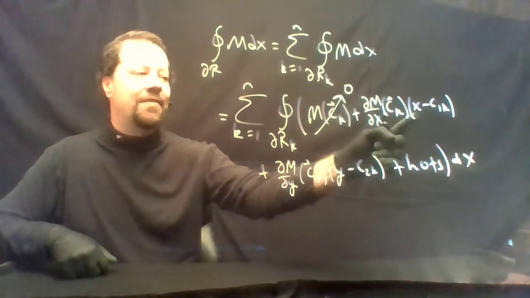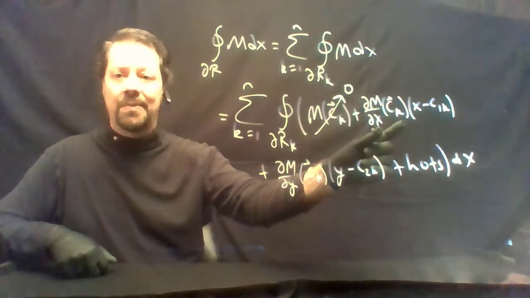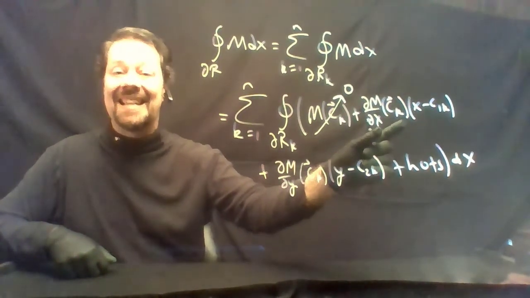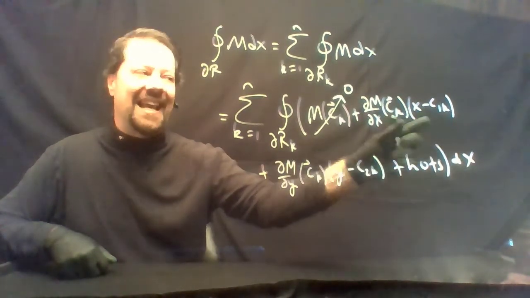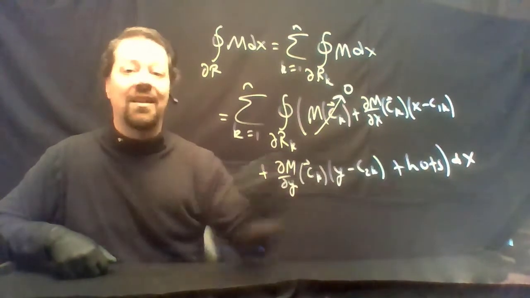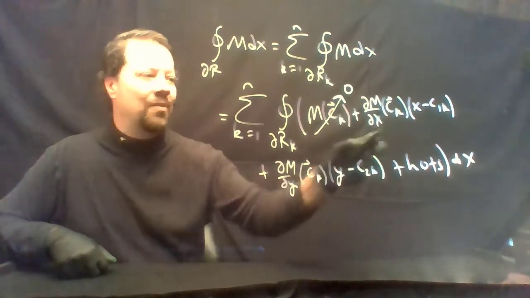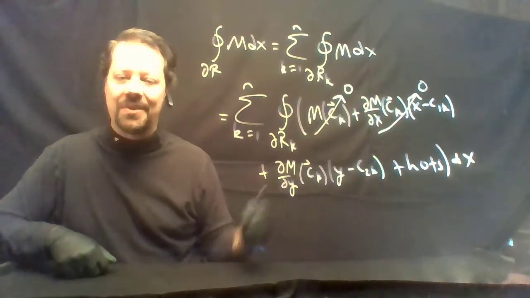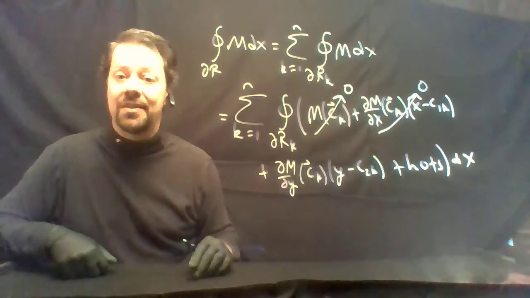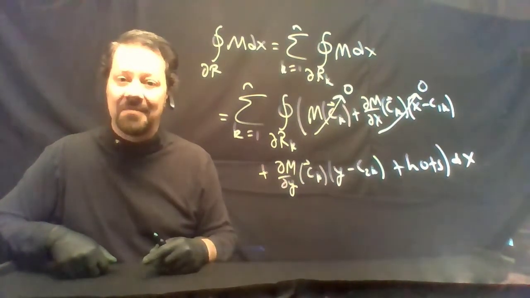The second term is a function of x alone. The partial derivative of m with respect to x evaluated at ck is a constant times a function of x. If you integrate any function of x times dx on a closed loop, you get 0. We proved that because any such function represents something that arises from a conservative vector field. Closed loop integrals give you nothing.